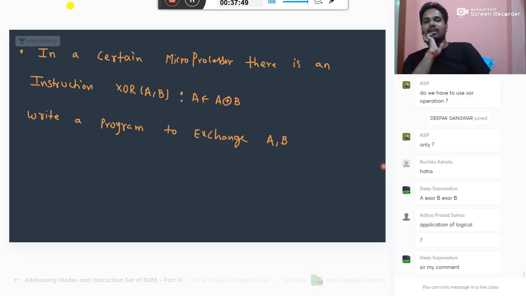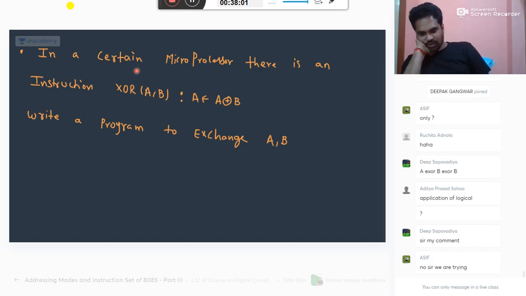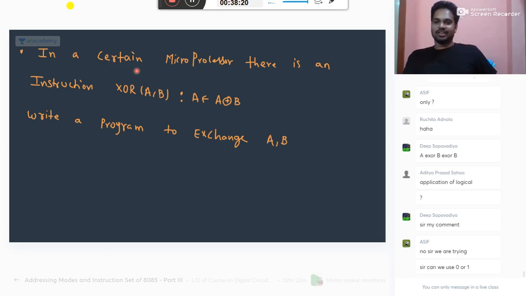Yes, A and B are already loaded. Say A contains 30, B contains 40. I want to exchange A and B. A should get B, B should get A. Please understand that.